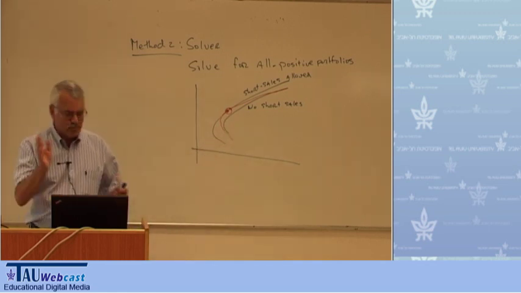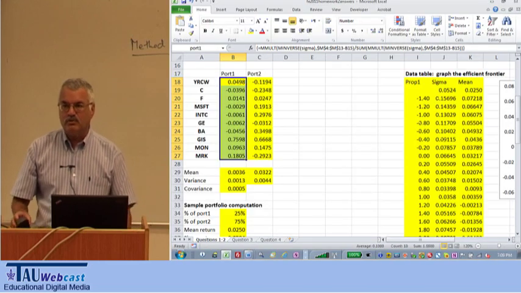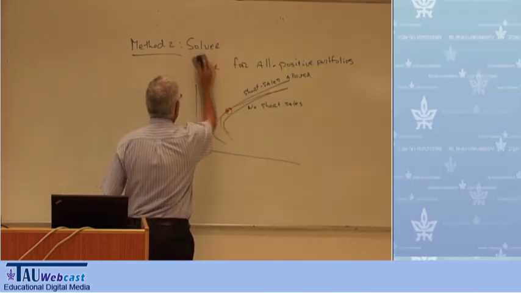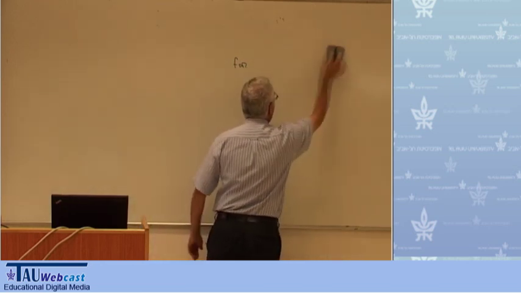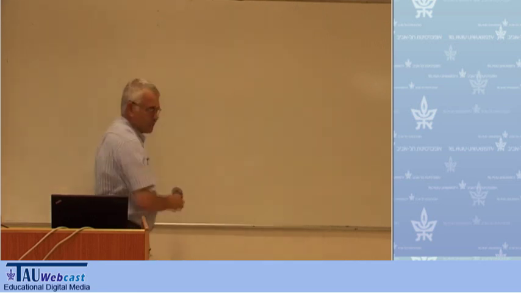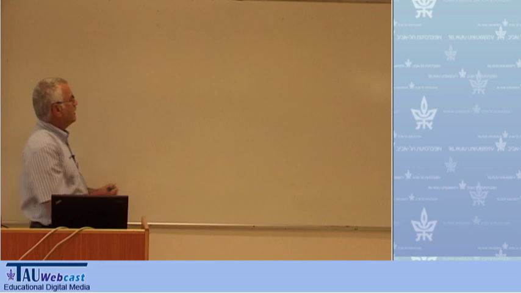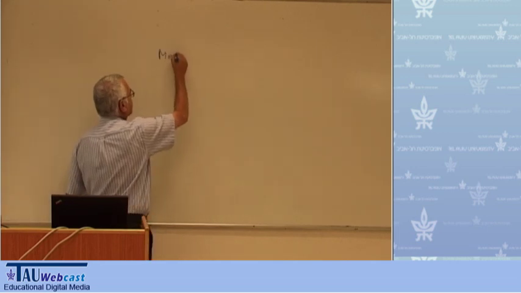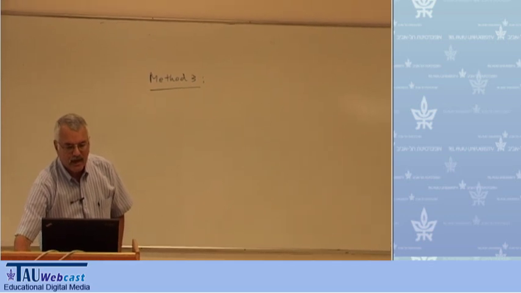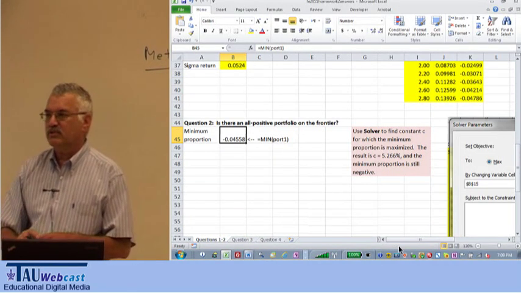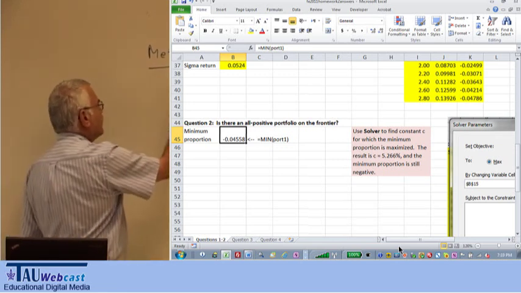Don't worry. It works. Okay, here's what I'm doing in this spreadsheet that I'm going to send you tomorrow morning. What I'm going to do to answer this question is method 3. I'm first going to look at the minimum proportion in the portfolio.